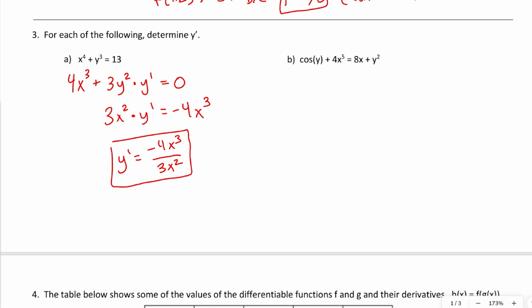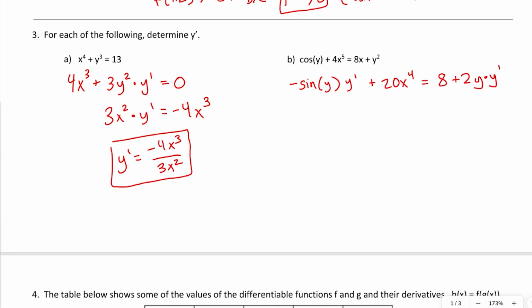B will be solved similarly. We'll start by differentiating both sides. The derivative of cosine is negative sine, but we've got to use the chain rule here, so we've got to multiply by the derivative of y, which is y prime, plus, using the power rule, we'll have 20x to the fourth equals 8 plus 2y times y prime.